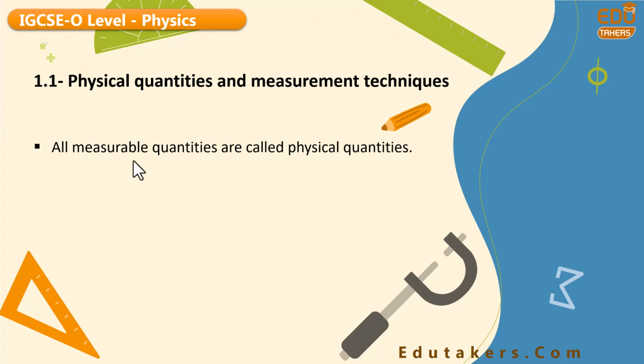Suppose I say that mass is measured in kilogram, then mass is a physical quantity. When we have to describe a physical quantity, there are two things that are used. First is the magnitude, which is basically the numerical value. Second one is a unit that is used to express this quantity.